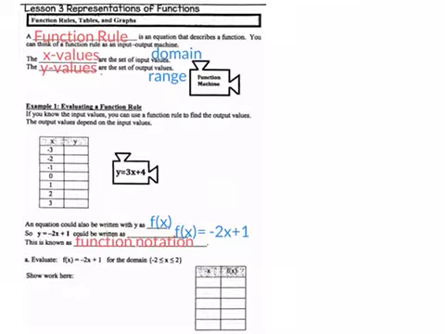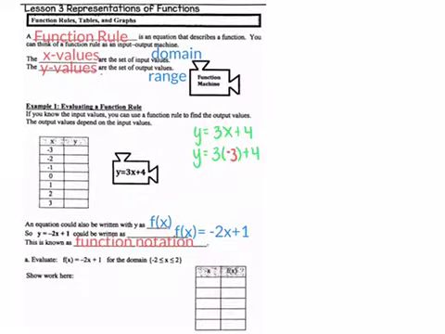For example, we're looking at the function rule y equals 3x plus 4, and the first value in our table that we're going to try is -3 for x. So basically what I want to do is just rewrite my equation, but instead of putting x, I'm going to replace it with that input value that I'm trying to solve for.